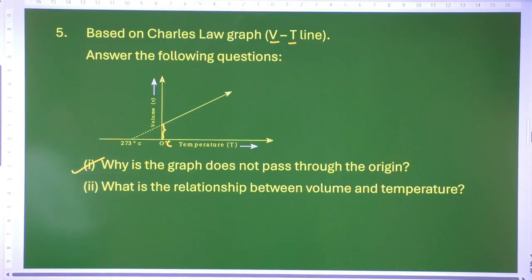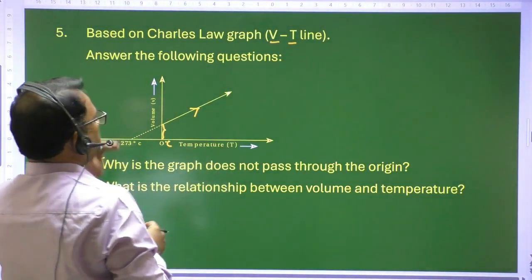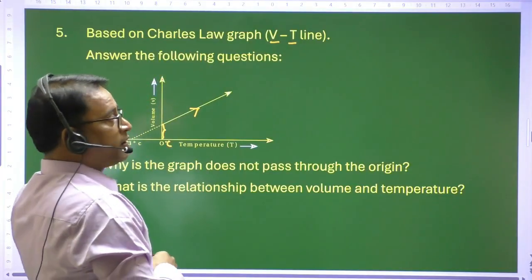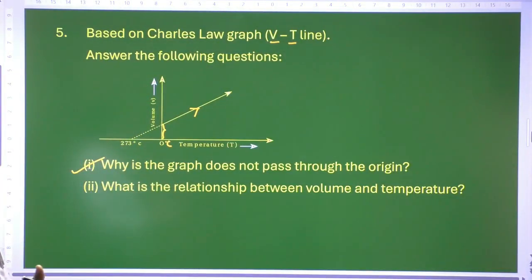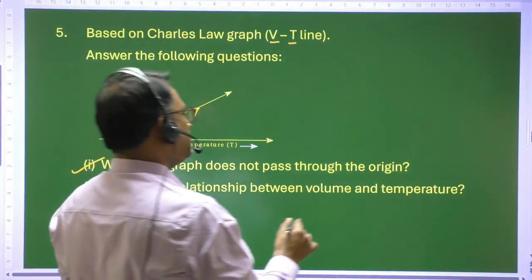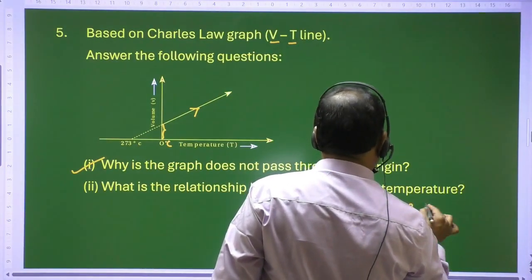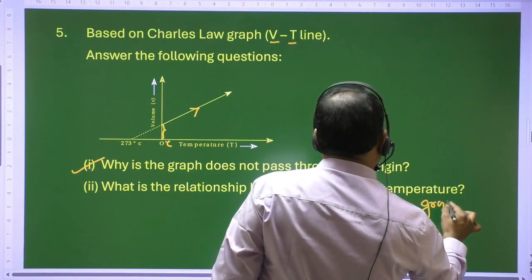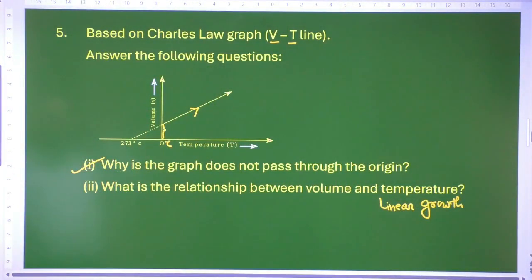This is modeling linear growth, because it is pointing upward. Every straight line represents either growth or decay, but here it is pointing upward, so it is linear growth. This relationship is denoted by this line segment.